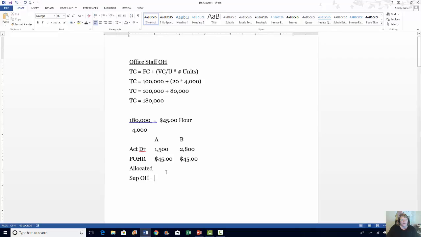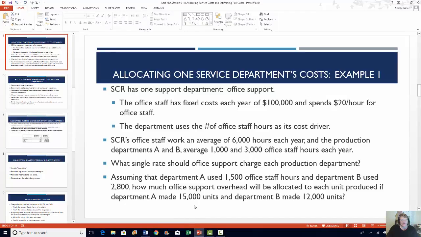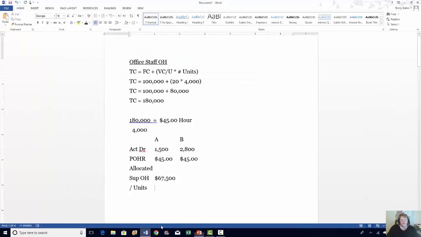Okay, so 1,500 multiplied by 45 is 67,500. And you divide that by the units produced. Going back to our PowerPoint slide, in Department A they made 15,000 units.